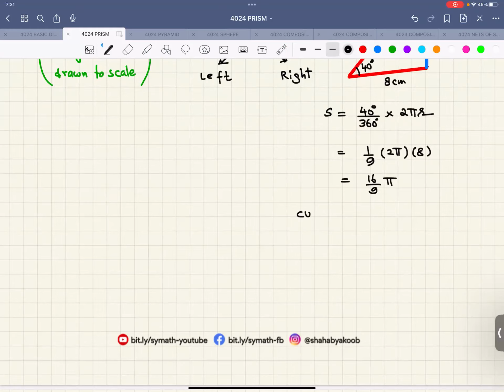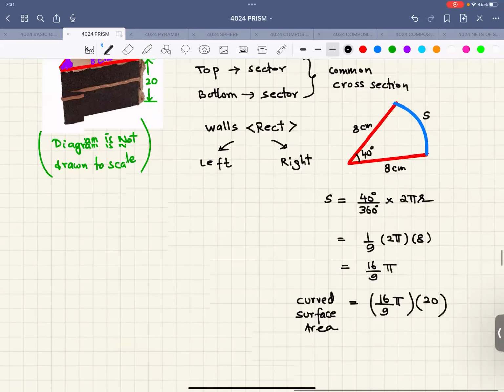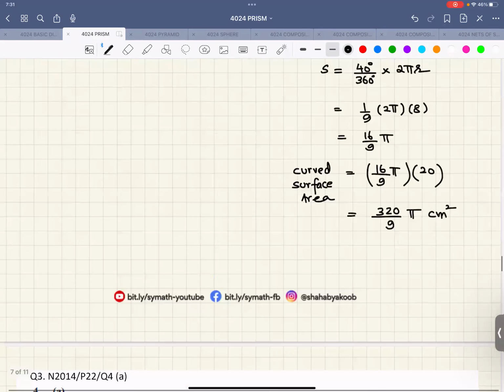So therefore, the curved surface area is 16 over 9 pi, that is the arc length, multiplied by the height, which is 20. So therefore, let's multiply it out. That is 320 over 9 pi centimeters square.